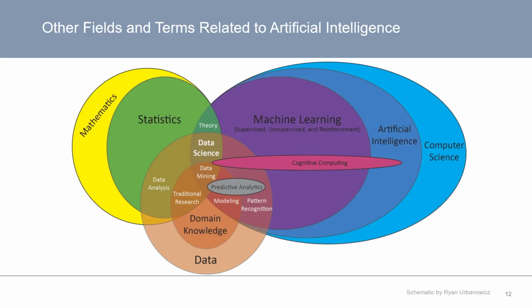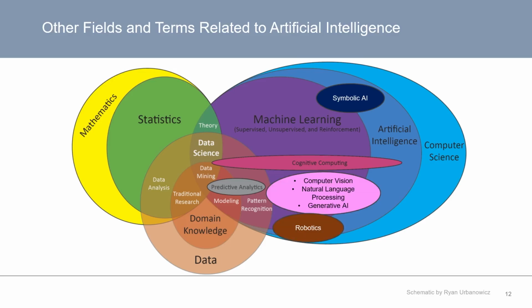Also, you can see terms such as cognitive computing and predictive analytics nestled within the realm of machine learning and artificial intelligence, but still overlapping with the field of statistics. There's also symbolic AI, which is a more traditional approach to artificial intelligence, robotics, and other specialized areas of machine learning and artificial intelligence, including computer vision, natural language processing, and generative AI.